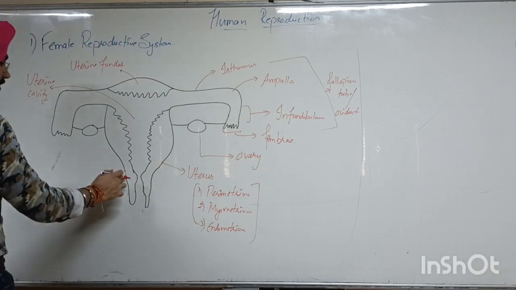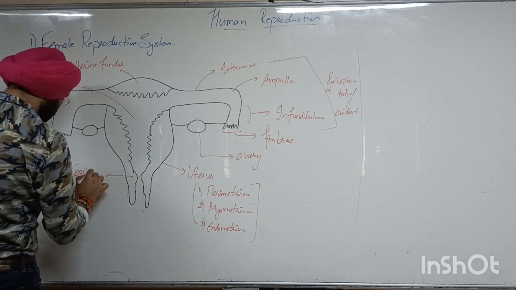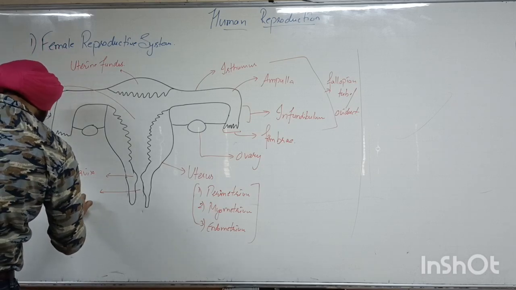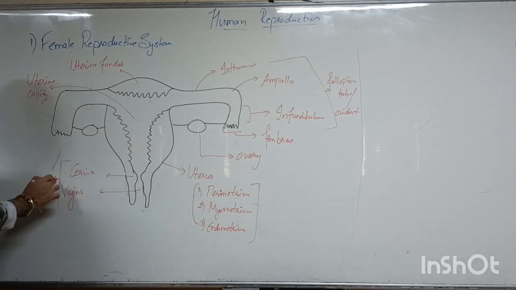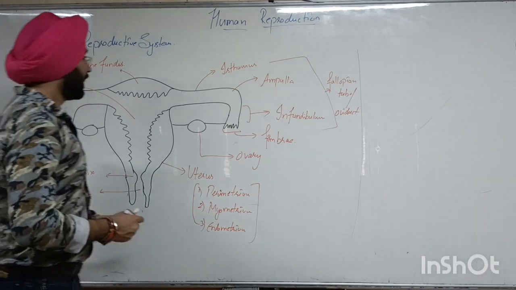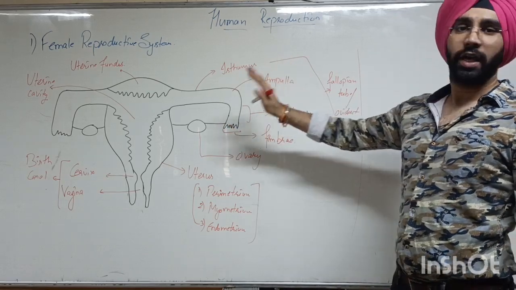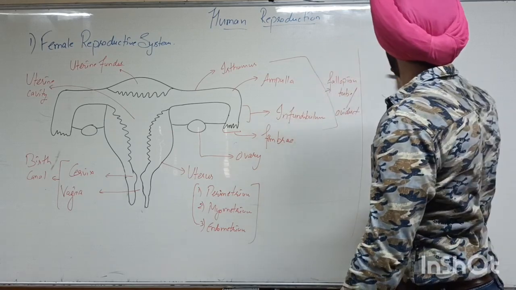This part is known as cervix, and this part is known as vagina. Cervix and vagina both make a canal known as the birth canal. I have labeled all the parts, and we are going to discover the significance of each and every part.